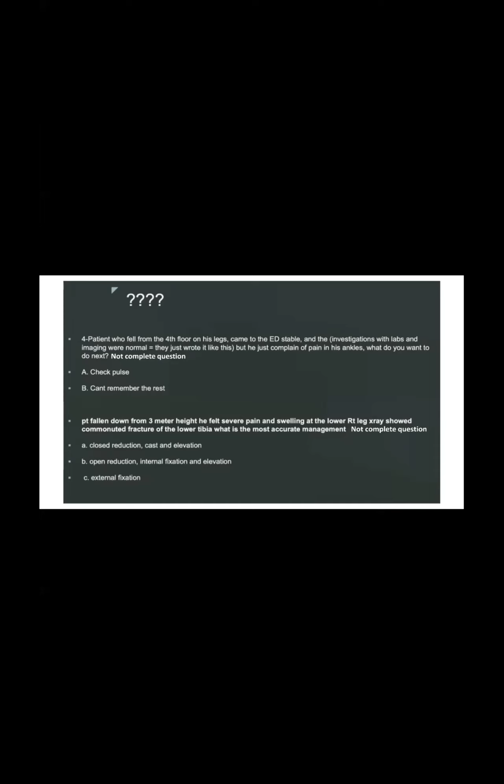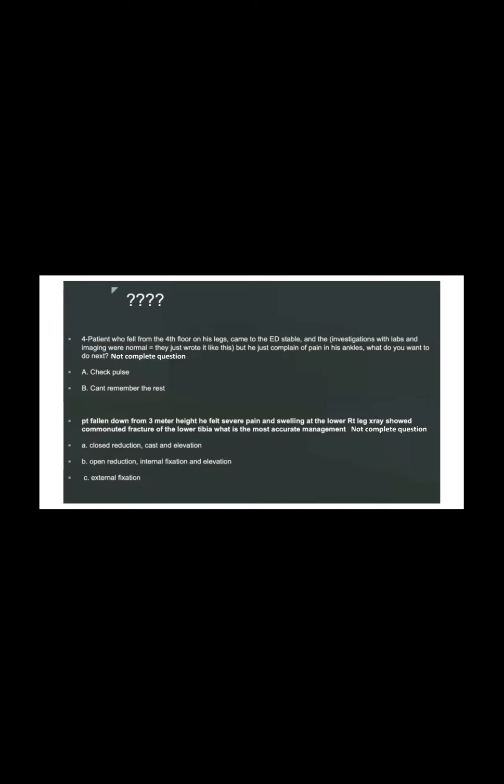So, you are a doctor in emergency. A patient comes to the hospital, having fallen from a 3-meter height, with severe pain and swelling of the right leg. In X-ray, it showed a closed comminuted fracture.